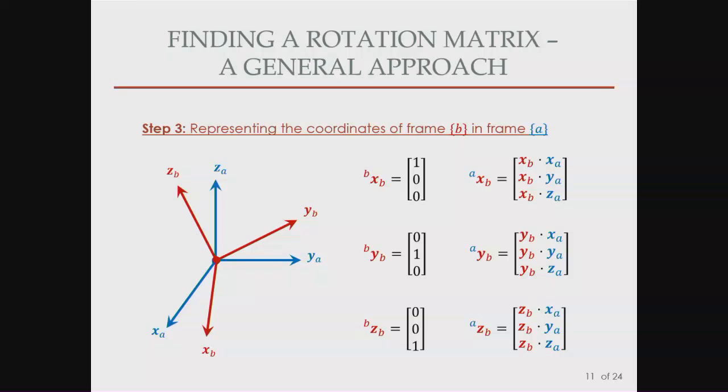Here we just did it for X_B, but I can also do it for Z. In this case, it's just 0, 0, 1. Why? Just because Z_B and Z_A are aligned. So these three things, in general, appear here. All right? So this is step 3.